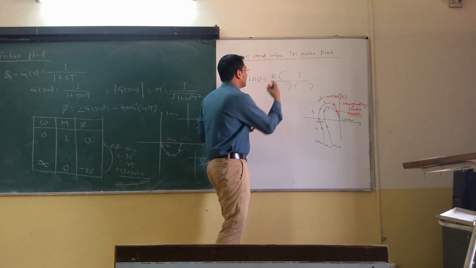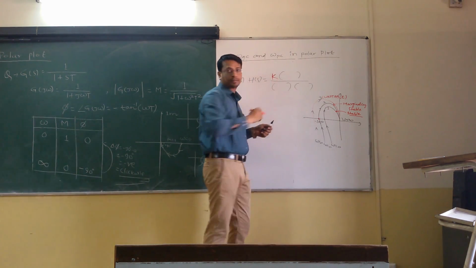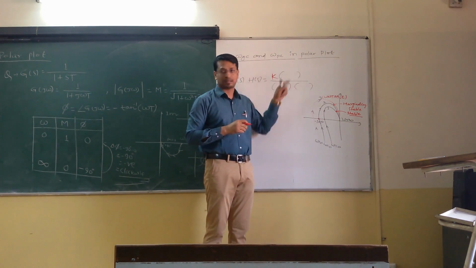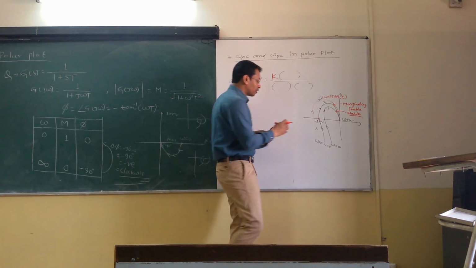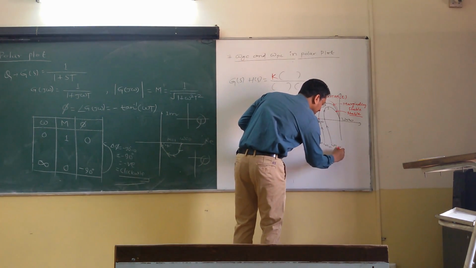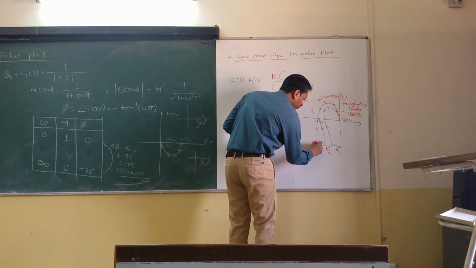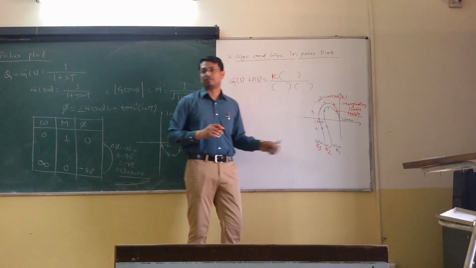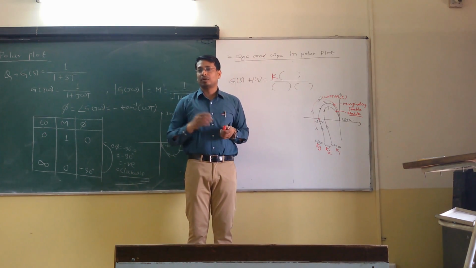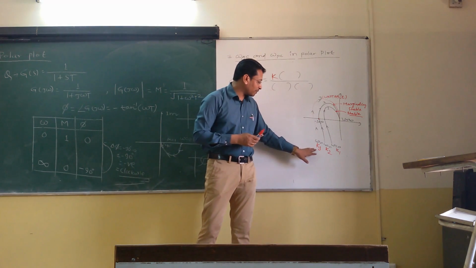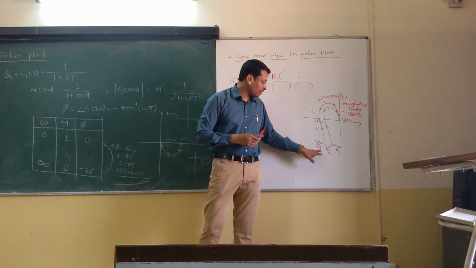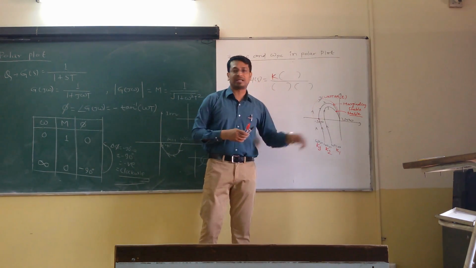I am going to say here K is a tunable parameter and the rest everything is constant. So for graph 1 I am going to say this is K1. For graph 2 I am going to say gain is K2. For graph 3 I am going to say gain is K3. So what can you conclude about the relationship between K1, K2 and K3 just by seeing this graph?